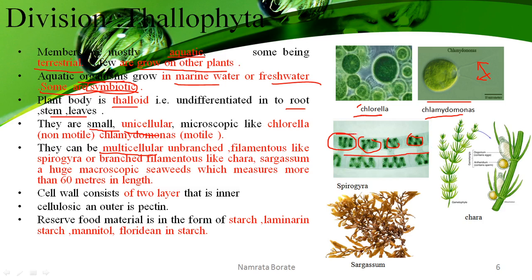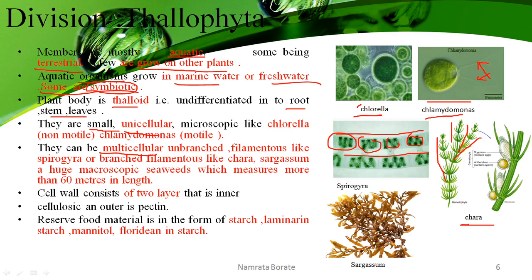The Spirogyra filament is an unbranched filament. But some multicellular filamentous organisms, like Chara, as you can see, are branched. There is a presence of branches. So this is filamentous, but a branched organism.